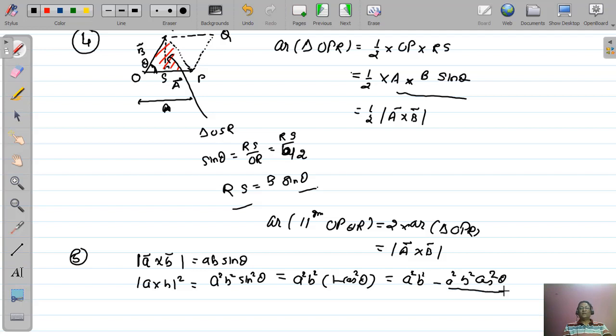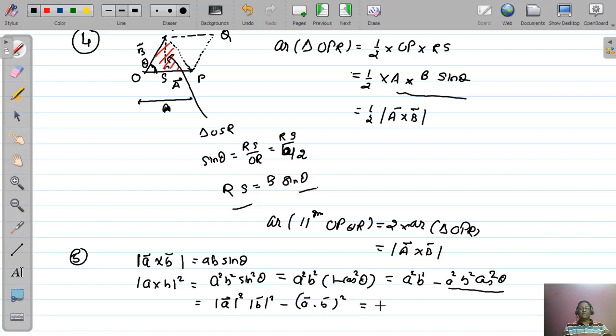AB cos theta is vector A dot vector B. And A square is the square of the magnitude of vector A. That means we can write it as the square of the magnitude of vector A into the square of the magnitude of vector B minus (vector A dot vector B) whole square.